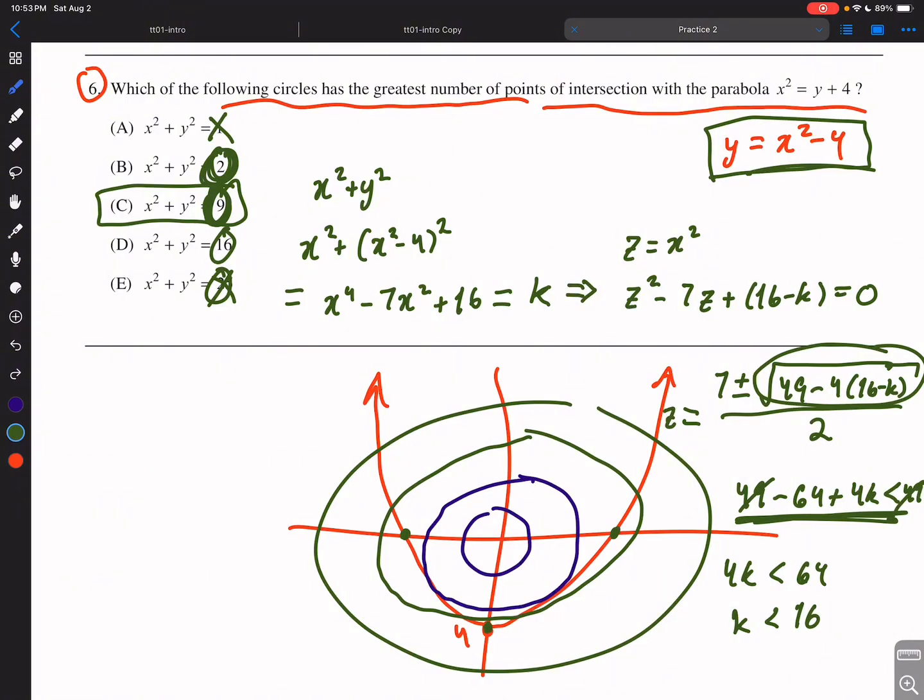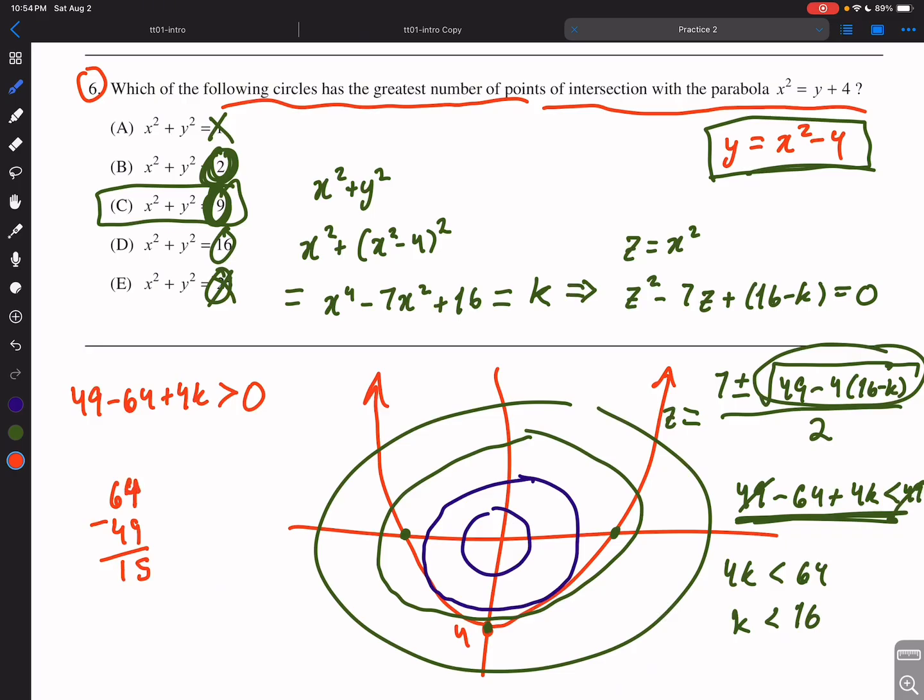But if I want to really work it out, just to make sure that I'm right about this, I probably also want to say that 49 minus 64 plus 4k is strictly greater than 0. Now if I do that, I'm going to look at 64 minus 49. What is that? That's 15.